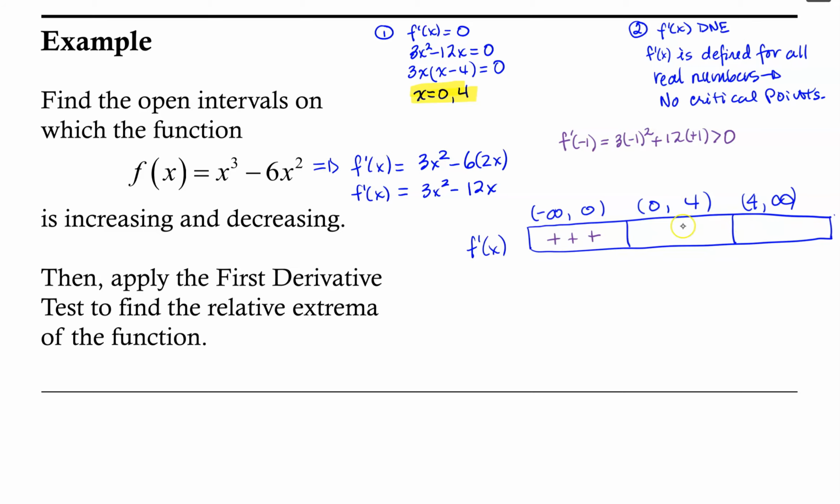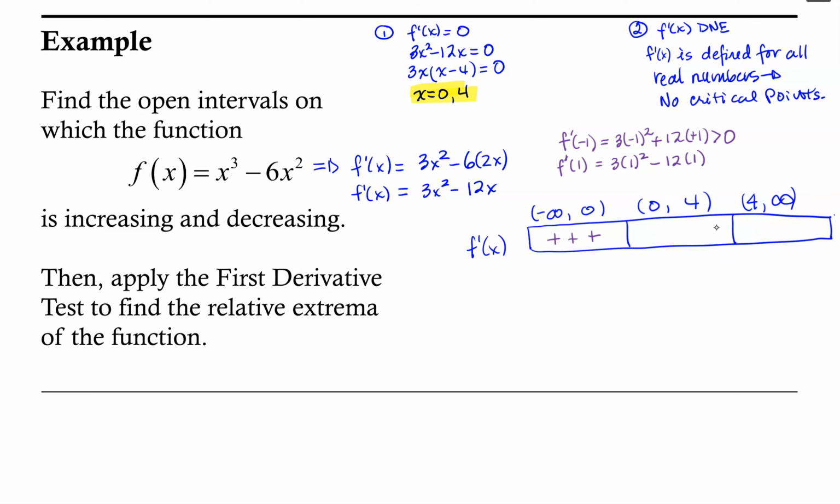Let's choose a value to represent the interval from 0 to 4. Again, choose values that are easy to work with. So let's try f prime at 1. We'll have 3 times 1 squared, so that's a nice positive number, minus 12 times 1.